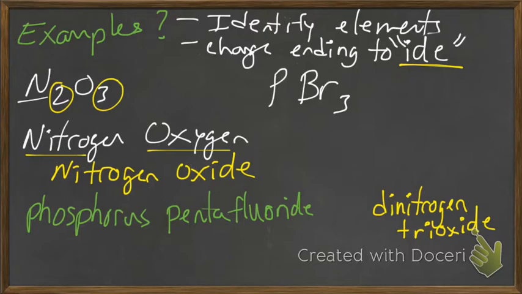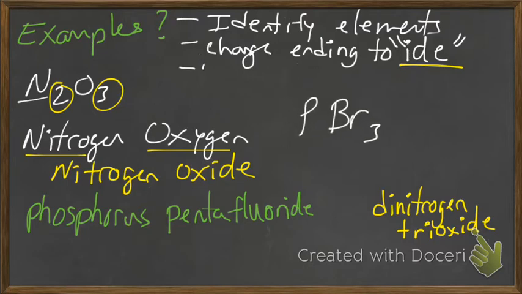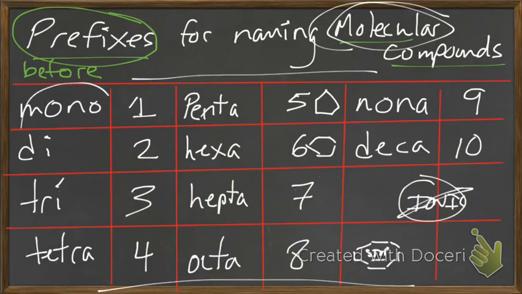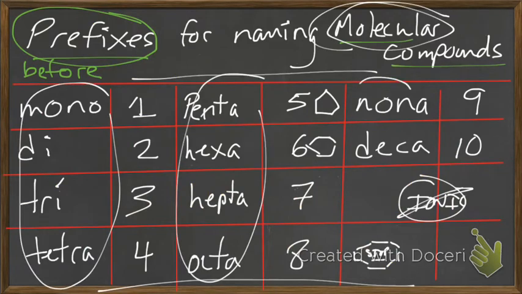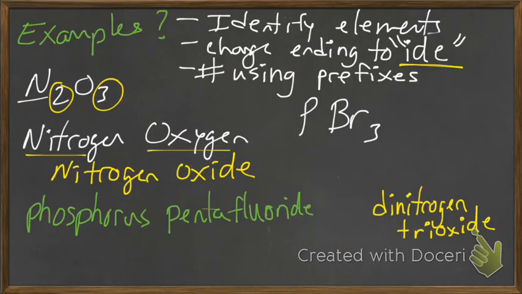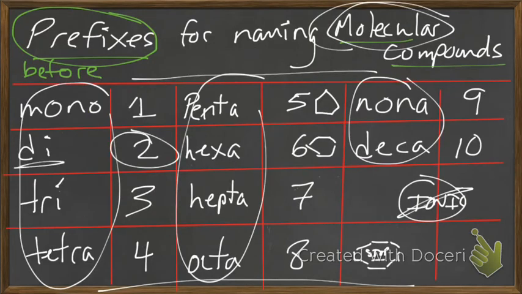So, let me move this down there. Done. So, number using prefixes. And these are the prefixes that we want to remember. Okay. So I have N2O3. So N2, that would be di.